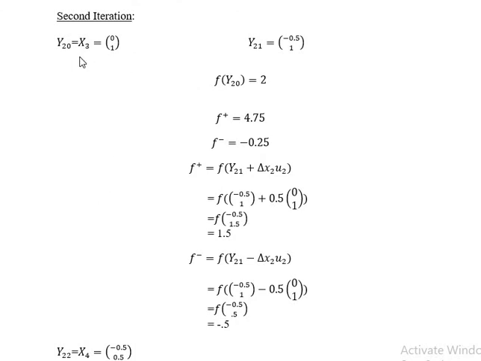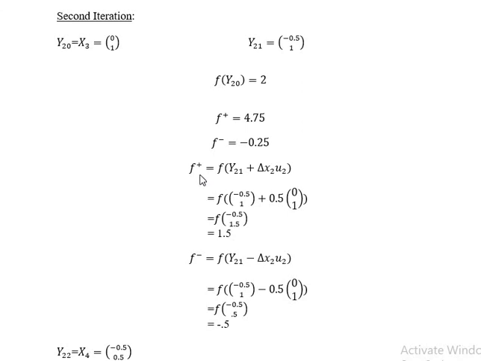In the second iteration, take y20, that is denoted as x3 equal to (0, 1). Then y21 equal to (-0.5, 1). Calculate the function value at y20: f at y20, f plus equal to 4.75, f minus equal to minus 0.25.